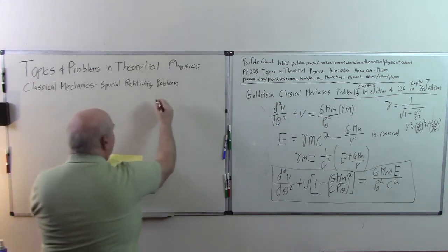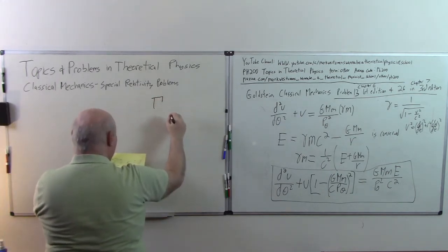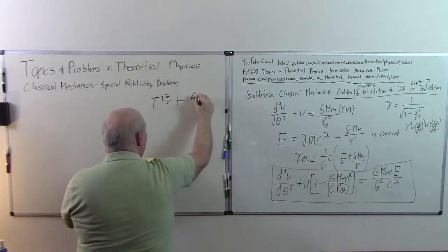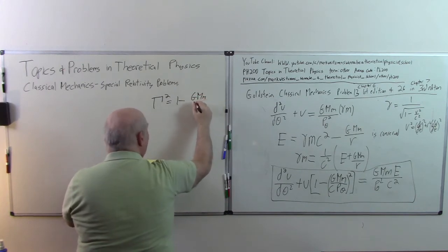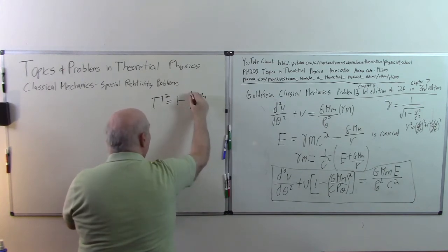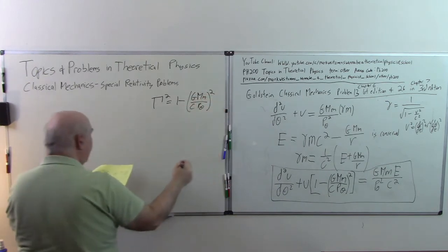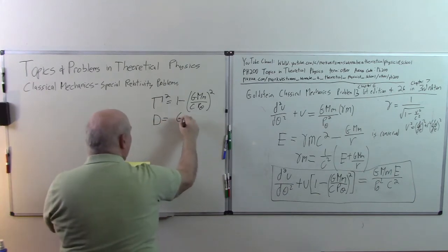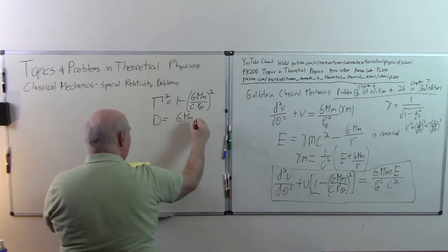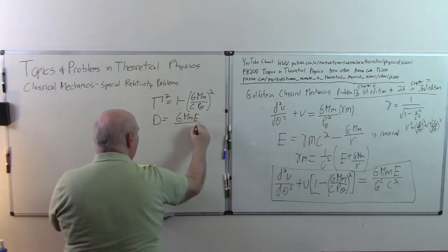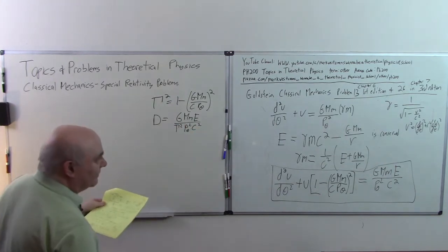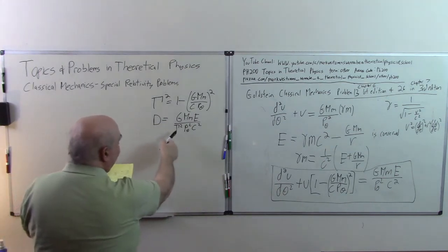First of all, I want to define capital Gamma squared equal to 1 minus G M over c p theta squared. I want to define another constant D as equal to G M m E over c squared p theta squared Gamma squared. So on the right hand side what we have is basically D Gamma squared.